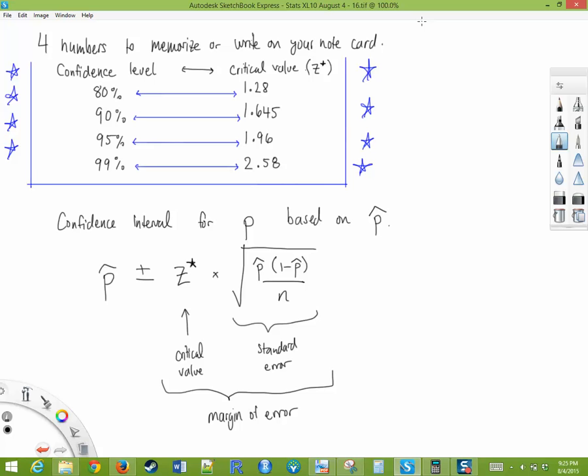If you were to ask about the math, it's a combination of a critical value and a standard error. Usually 95% is their go-to value, but they might choose lower or higher confidence depending on what they want.